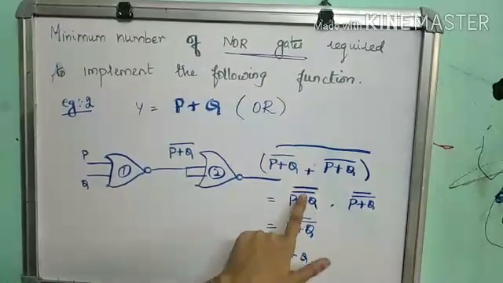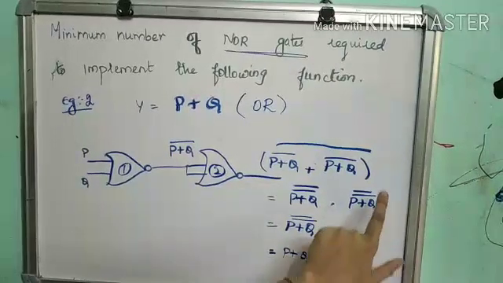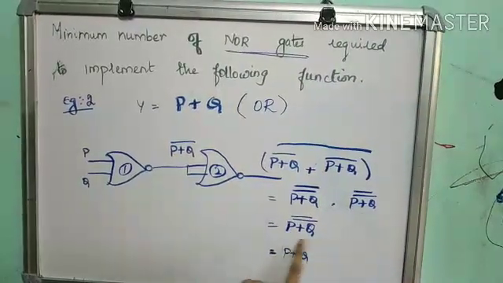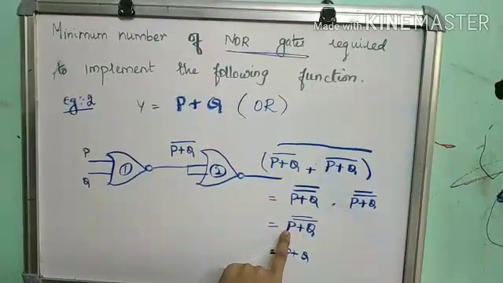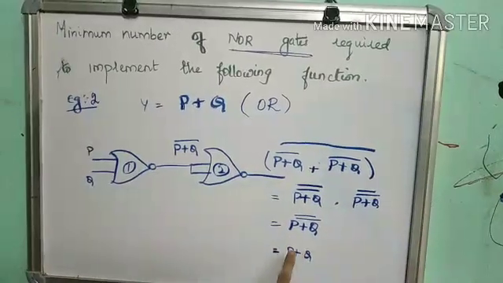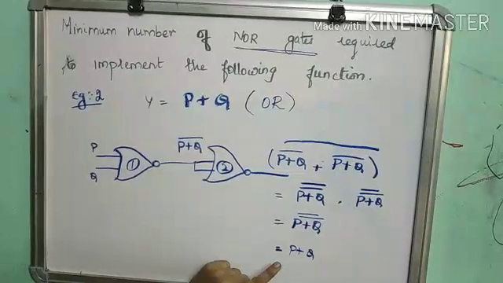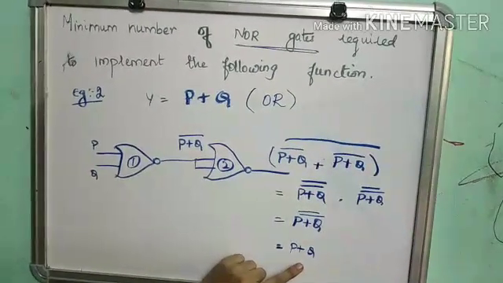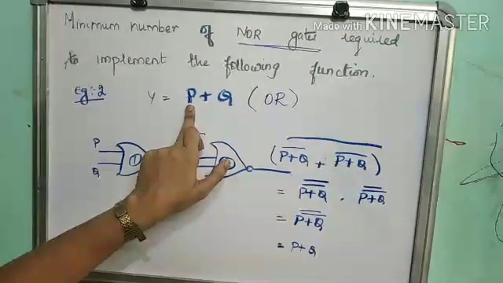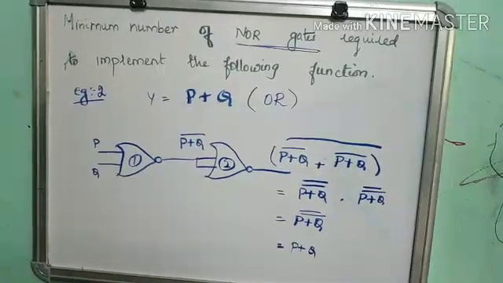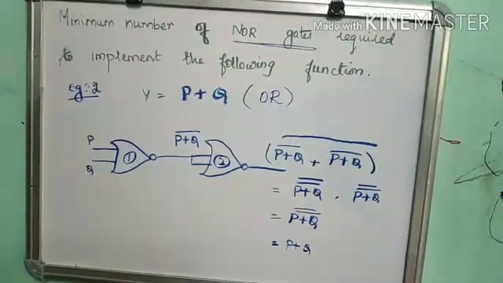So P plus Q double bar into P plus Q double bar. A into A gives A, so P plus Q double bar. The double bar gets cancelled, so our final answer is P plus Q. This is our given expression, so finally we obtain the given expression.